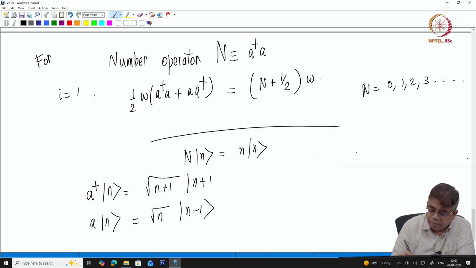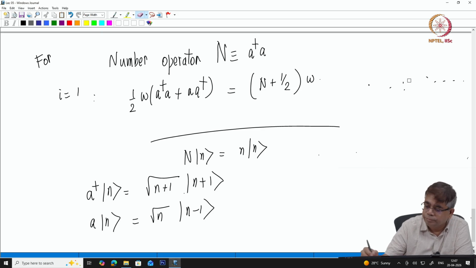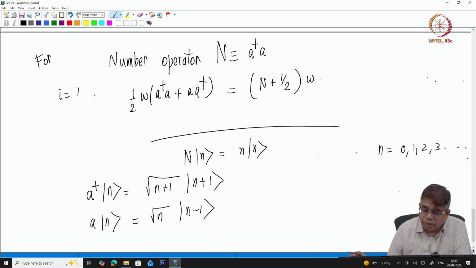Okay. So the number operator tells you the numbers here, n is equal to 0, 1, and so on.